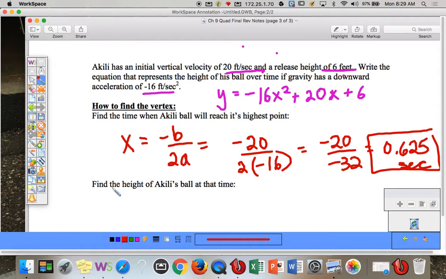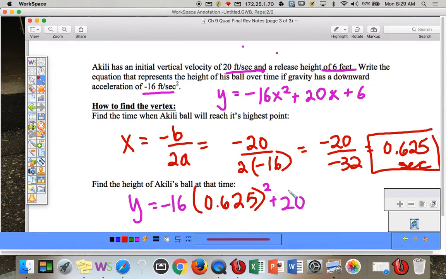Find the height of the ball at that time, you plug in. So we have y equals negative 16, we're going to plug in 0.625. We'll square that. Plus 20 times 0.625. Plus 6.